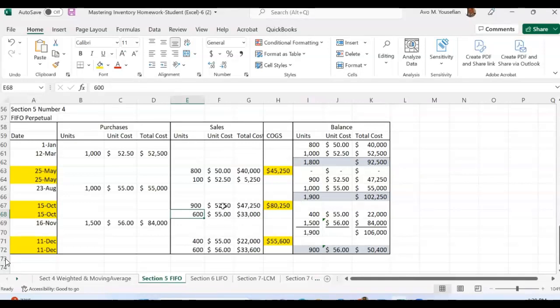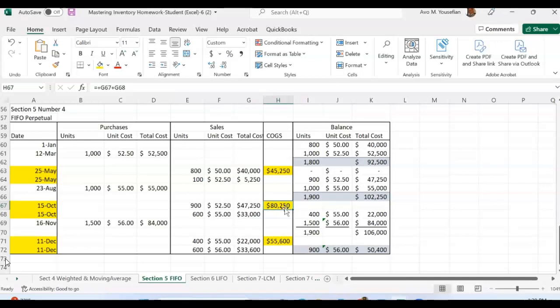But what's the cost? 52.50 is that cost. $55 is that cost. And then you multiply. So 900 times 52.50, and then 600 times 55. And then add up these two. It ends up to be $80,250 cost of goods sold.